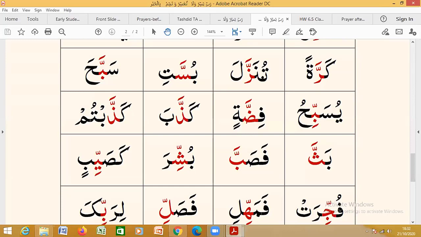Let's carry on. The first letter is ta with a dhamma, tu. Excellent. Then the next 2 letters we're joining together because of the za mushaddad. Nazza. La. Tunazzala.